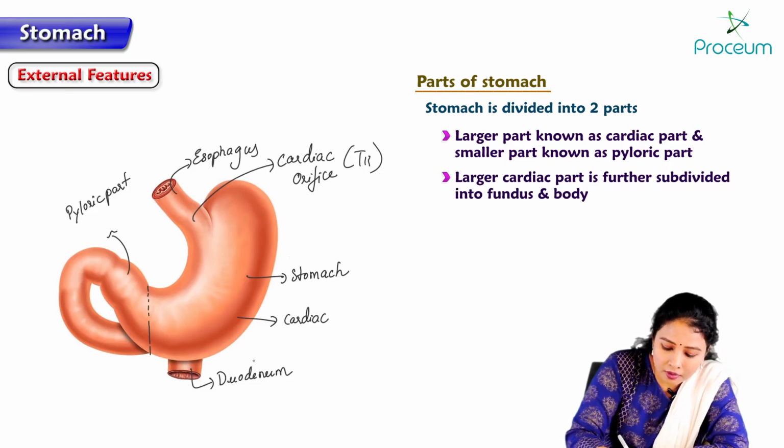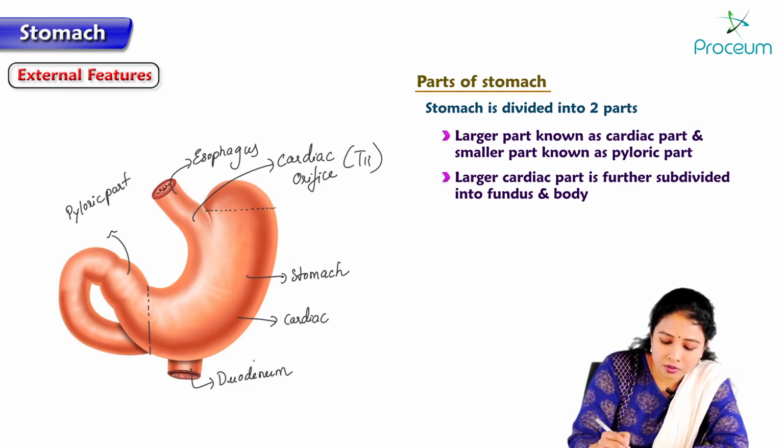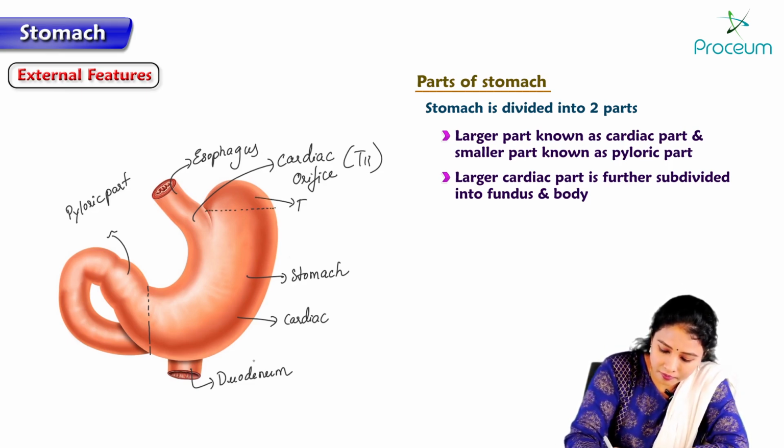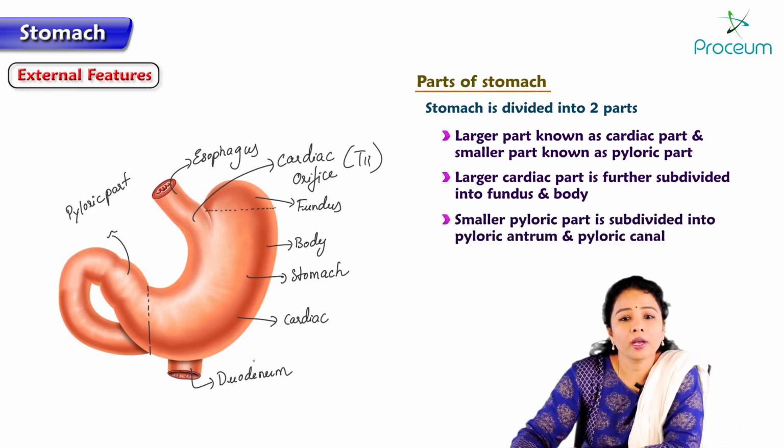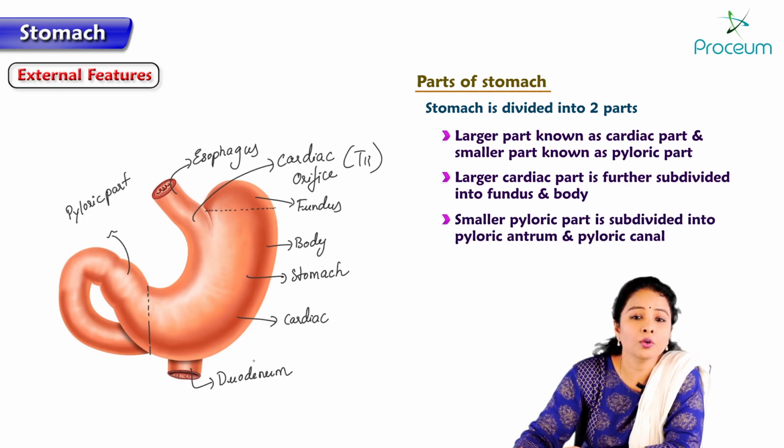From the cardiac notch, if we draw a horizontal plane towards the outer curvature of the stomach, the part above it is the fundus and below that is the body. The small pyloric part is subdivided into the pyloric antrum and pyloric canal.